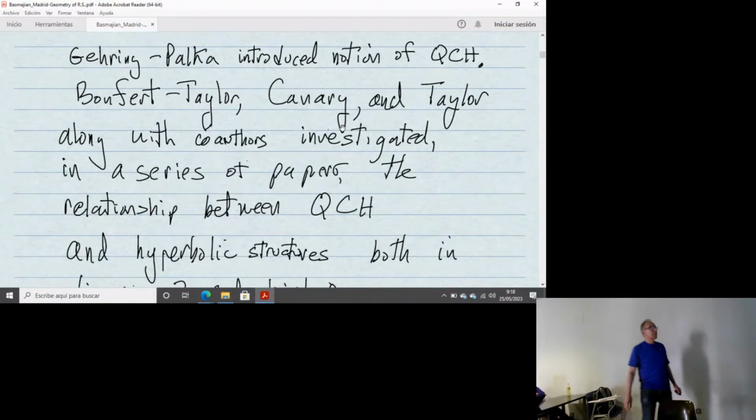So Gehring and Palka introduced this notion of QCH, and then there's a list of authors, but Bonfert-Taylor, Canary, and Taylor, along with various co-authors, wrote a series of papers investigating these objects, and I could spend an hour just talking about the history of all the things they've gone through, including Juan Souto in this list, Gaven Martin.